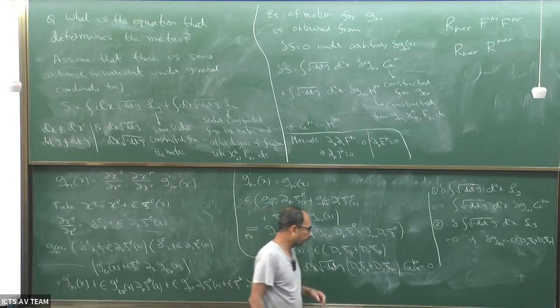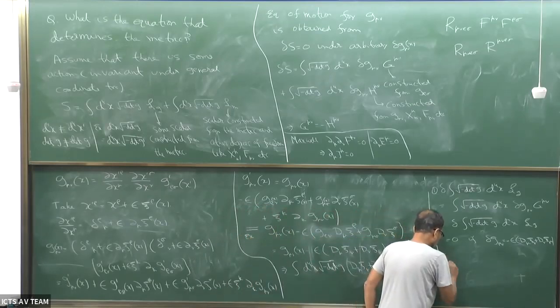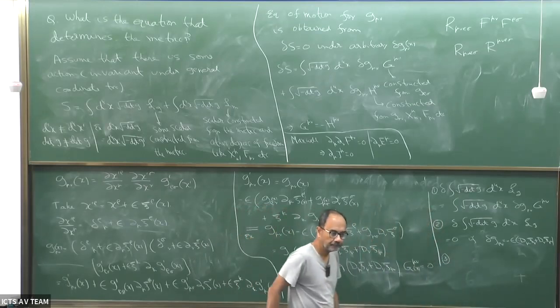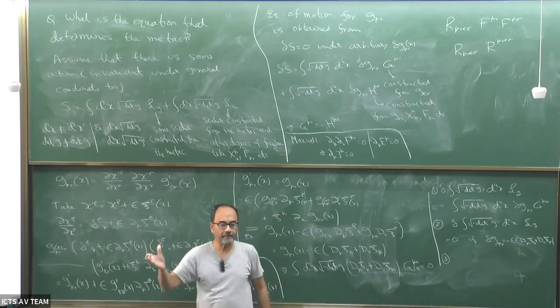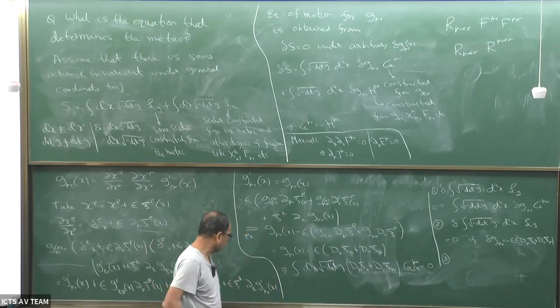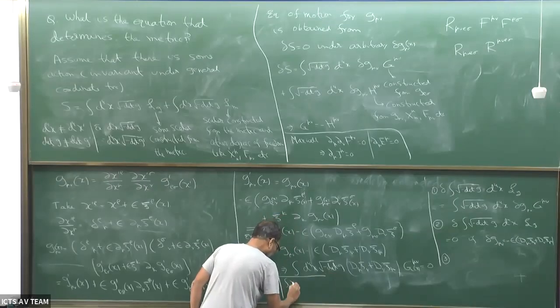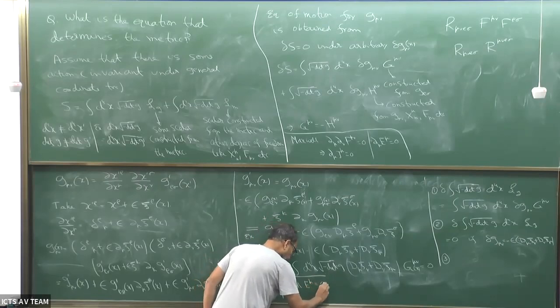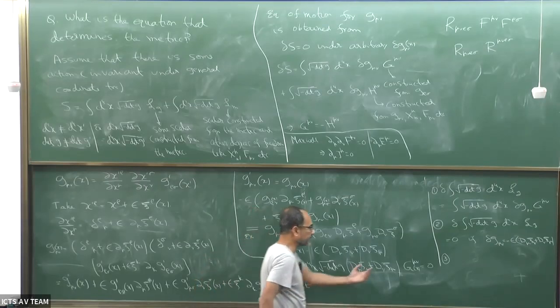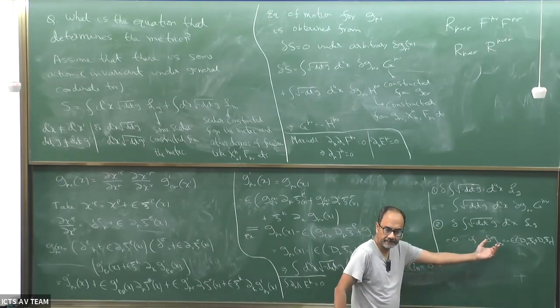Now the third step that we had carried out for electromagnetism was that you have to integrate by parts, right? Because let me remind you, what we had gotten for electromagnetism was that integral... right? This is the analog of this statement that we have arrived at here.